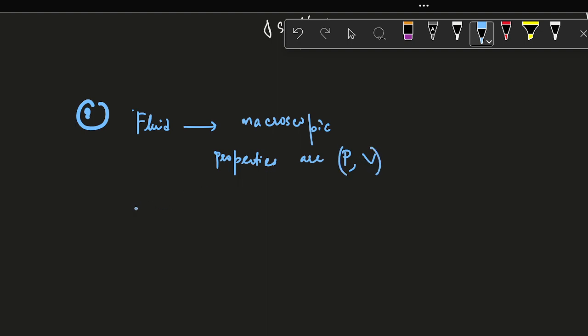And similarly, let's say you have a wire, that is also another system. In that case its macrostate will be represented by, let's say, the length of the wire L, and the tension of the wire, we can call it tension tau. So this is the macrostate for this specific system of wire.